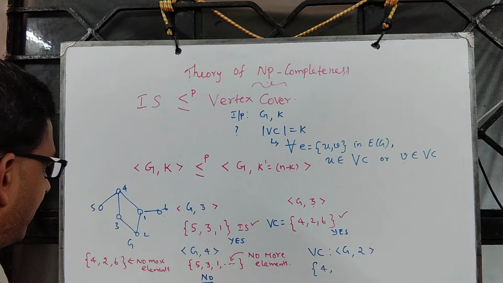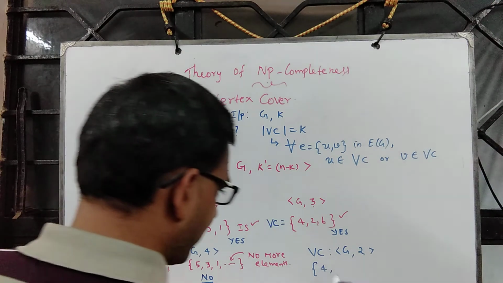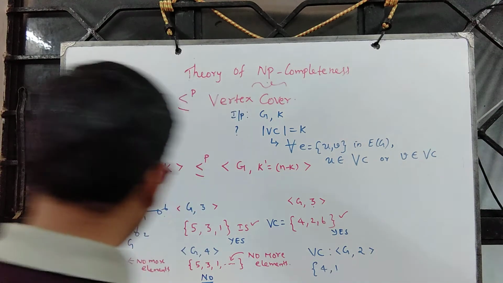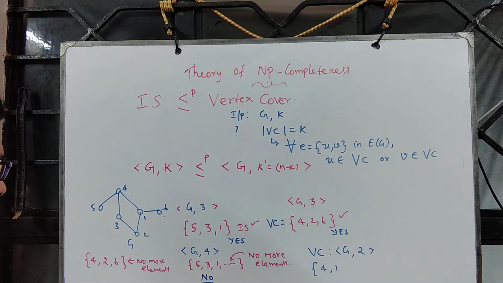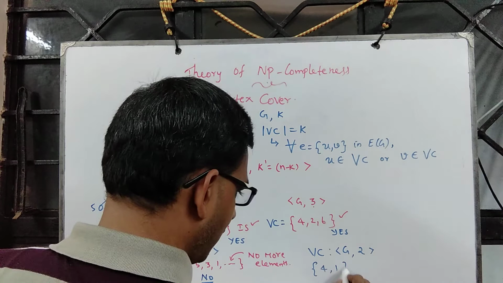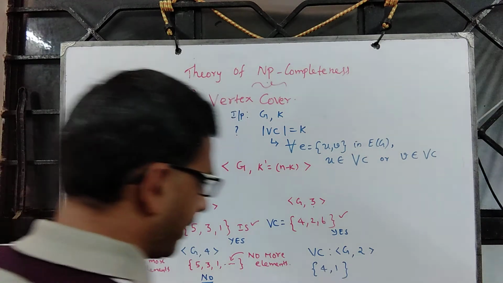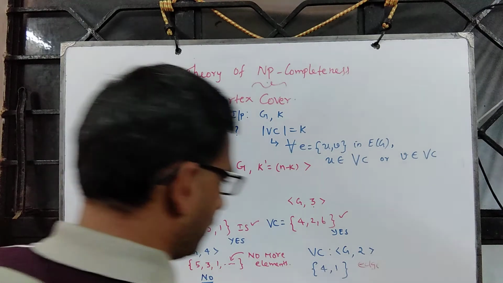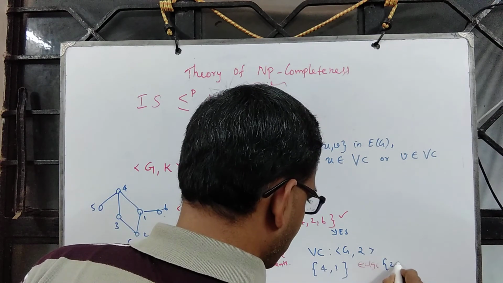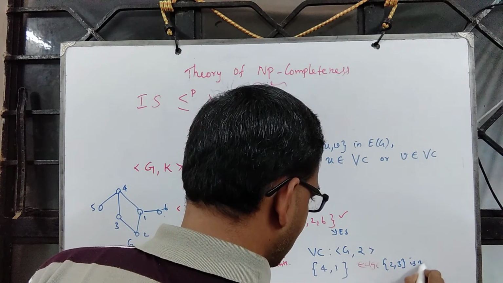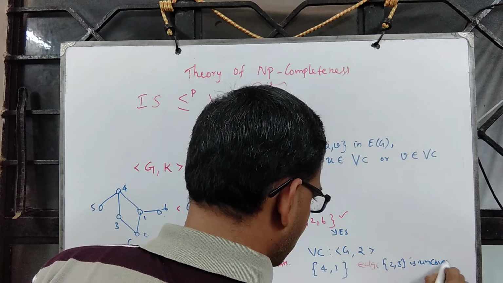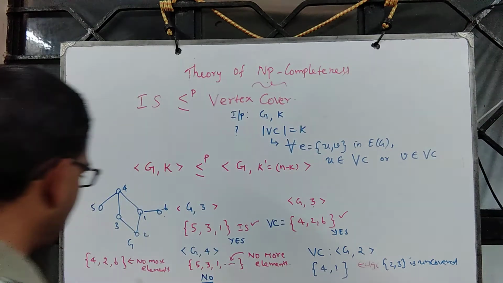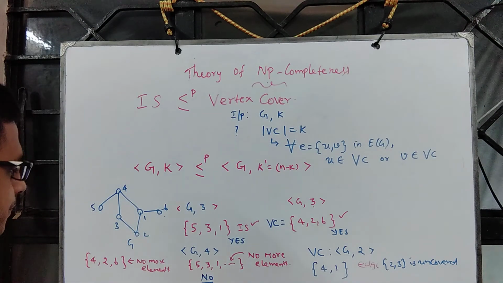Then let's try including 1. If you include 1, then what happens to the edge 3, 2 and edge 2, 3? It is uncovered. So which means this is not a vertex cover of size 2.